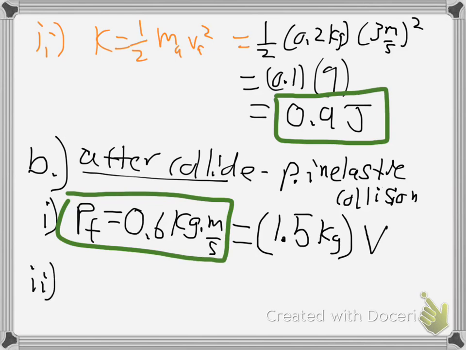Okay, part 2, we're looking for the kinetic energy. In order to get the kinetic energy, we need to get the velocity. So the velocity of those two moving together is our momentum divided by 1.5.